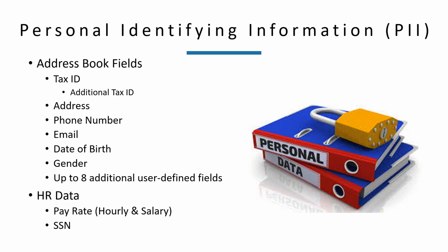Of these fields, if you will, the JDE data points, the ones that we're most concerned with, or that GSI recommends adhering to or adding those additional layers of security that we're talking about today, are around your tax ID, the address, date of birth, and then the HR data, which is pay rate and social security number.